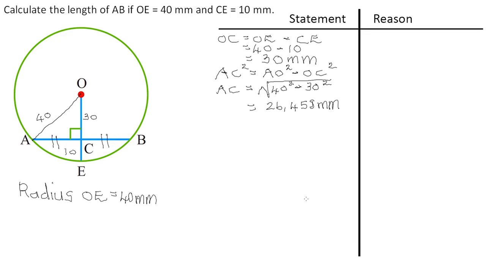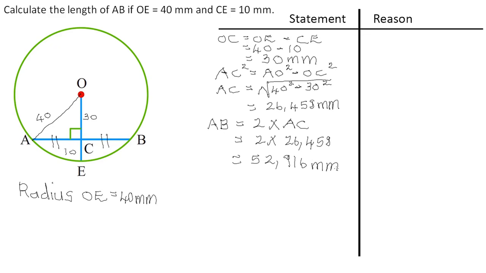Once I have AC, only then can I calculate AB. AB will be equal to 2 times AC. That is 2 times 26,458, and AB therefore will be equal to 52,916 millimeters.